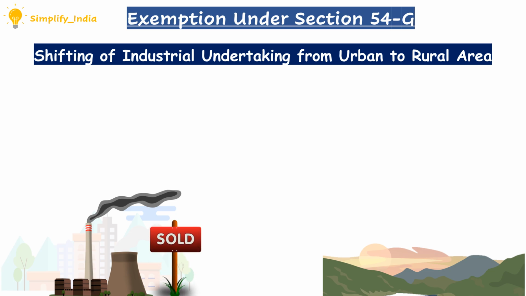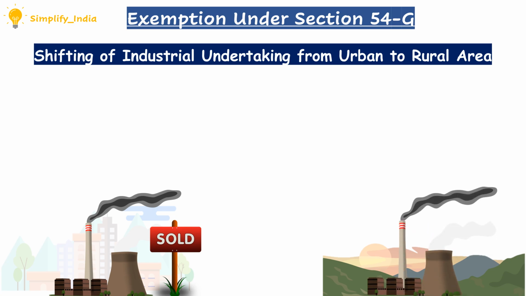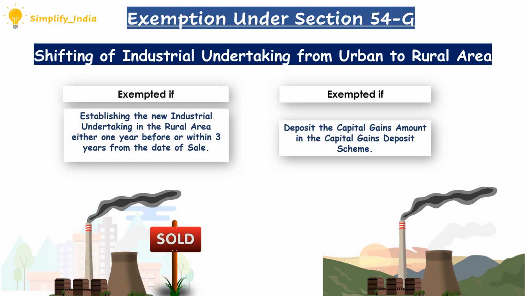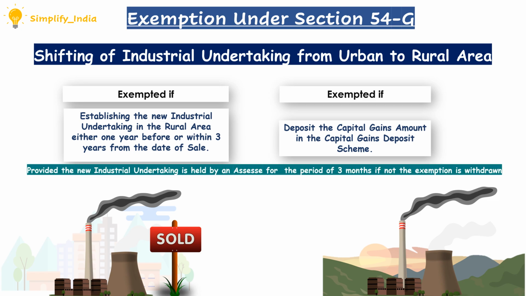When an industrial undertaking situated in an urban area is sold and the capital gains arising out of it can be exempted from tax if the amount has been reinvested in establishing a new industrial undertaking in the rural area either 1 year before or within 3 years from the date of sale, or deposit the money in capital gains deposit scheme, provided that the new industrial undertaking is held by an assessee for a period of 3 years. If not, the exemption is withdrawn.